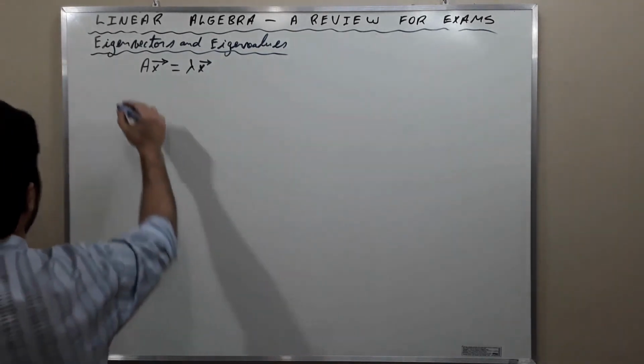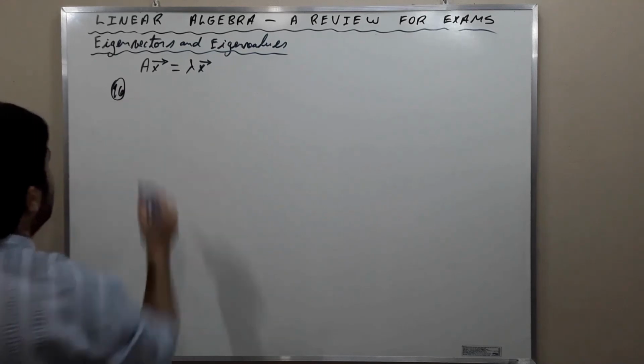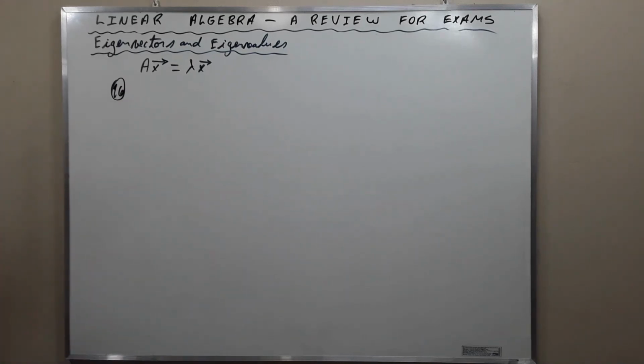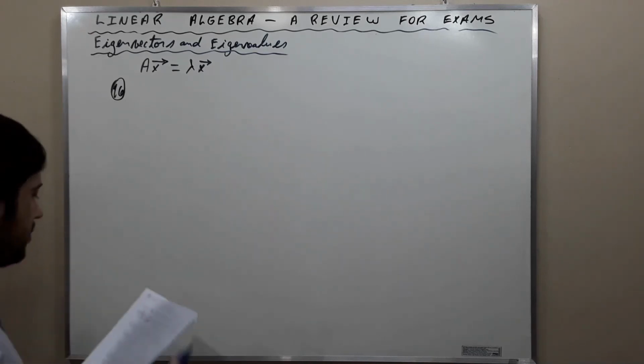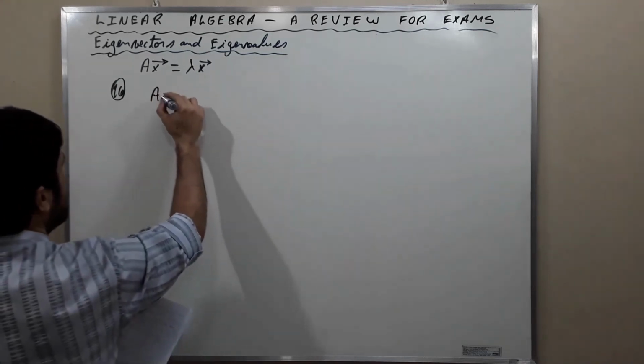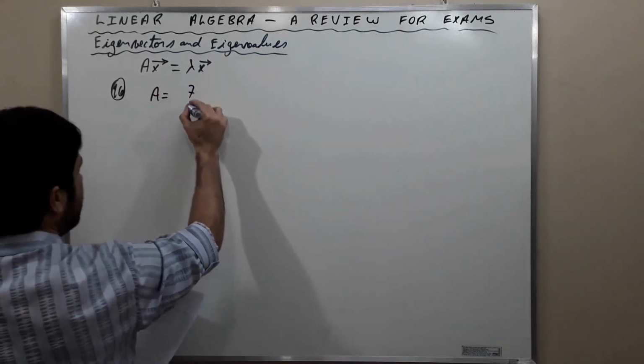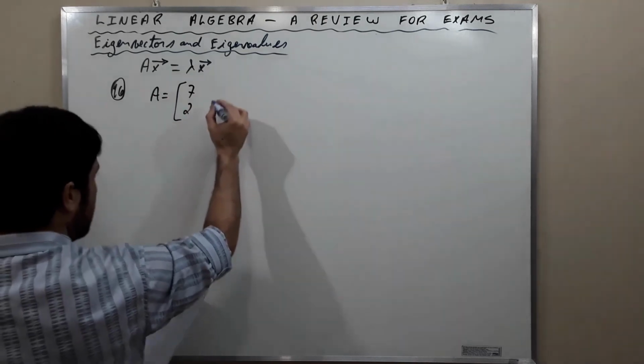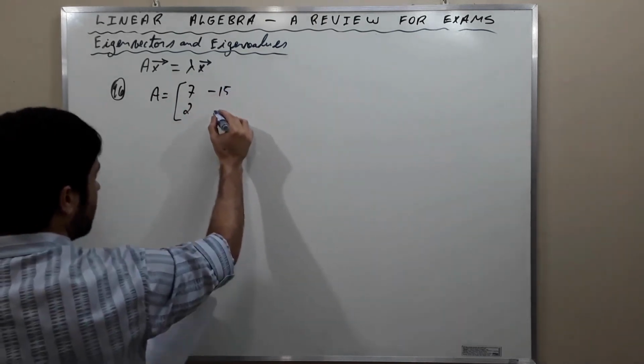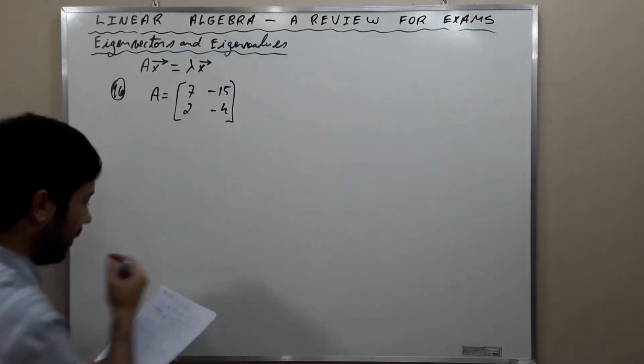Exercise 16, the last exercise of the series related to linear algebra, a review for exams. Let A be this matrix here, A equal to 7, 2, negative 15, and negative 4.